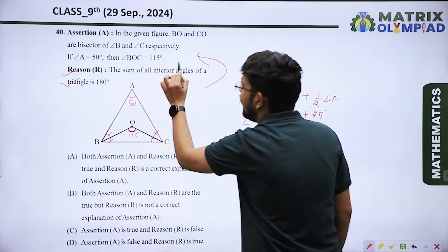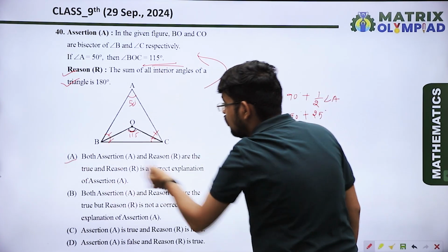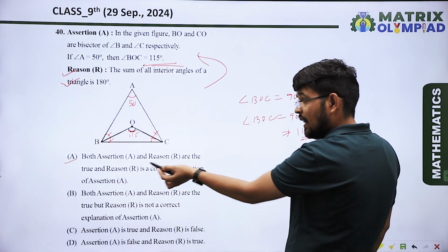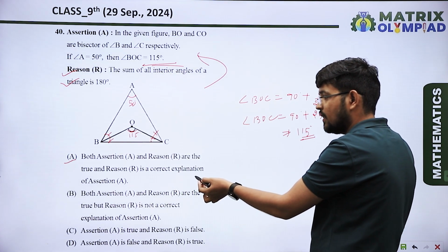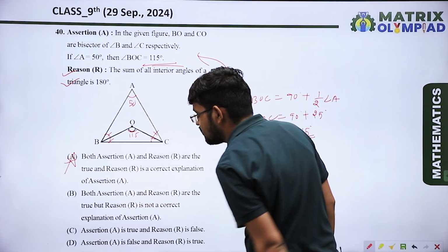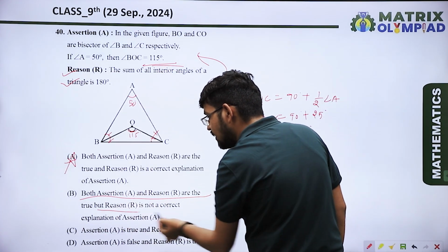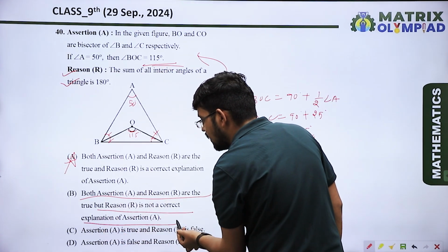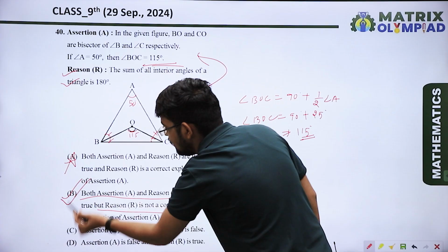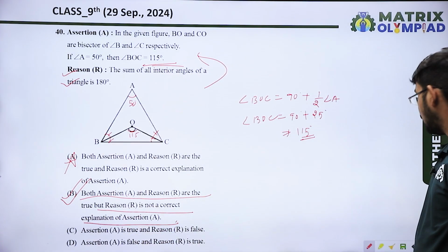So yes, the assertion is correct. Both assertion and reason are true, but is the reason the correct explanation of the assertion? No, it is not a correct explanation. So option B will be the correct answer.